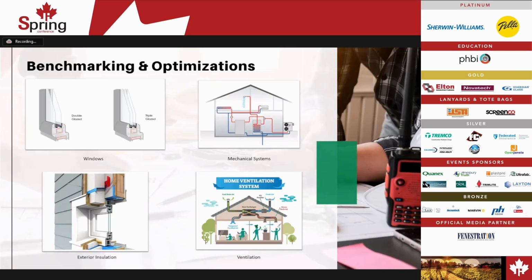So we're oftentimes looking at upgrades to the windows, going from high-performing doubles to triples, looking at what type of building envelope materials, whether it's exterior insulation, under slab, raised heels for trusses. Optimizing the mechanical systems. Are we going with heat pumps? Are we going with boiler systems? Are we going to air-to-water heat pumps? And then oftentimes we're targeting very airtight homes. What type of ventilation systems are we speccing as well?